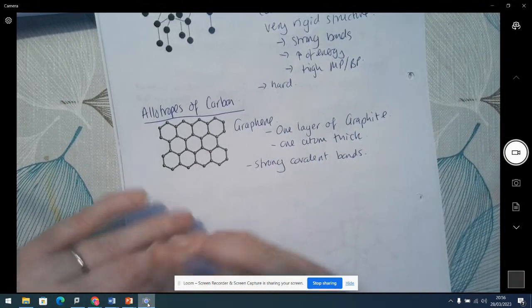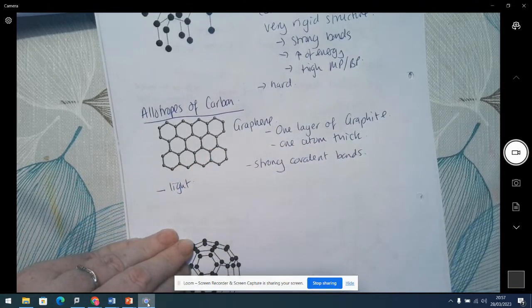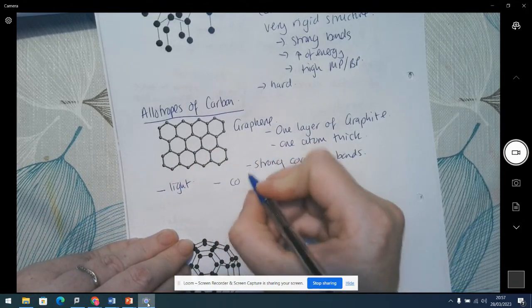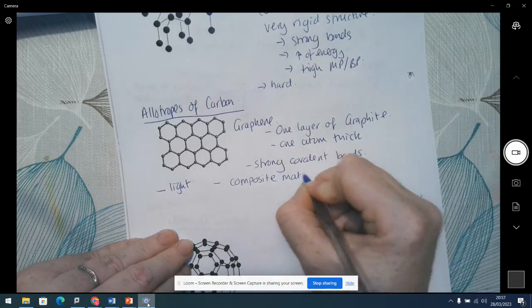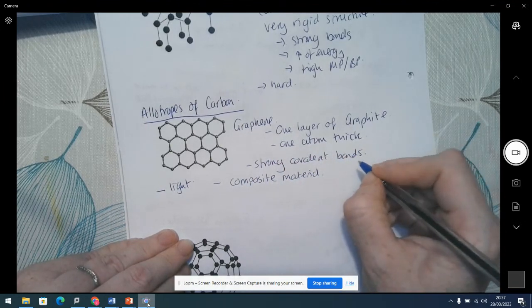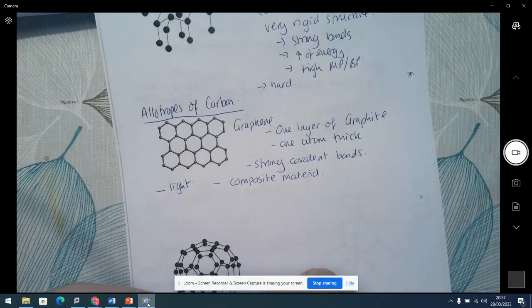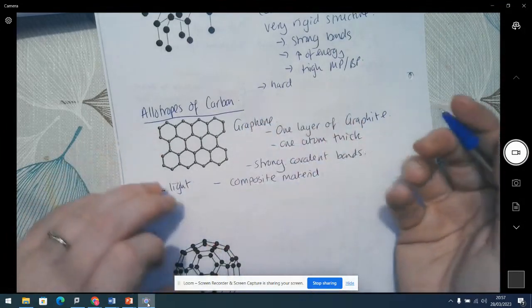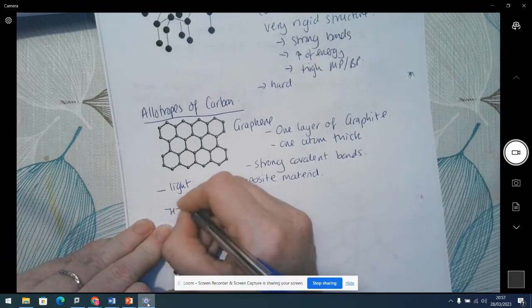Okay, but what makes this really unique is it's in fact very light because it's down to it being one layer. So it's often used as what we call a composite material. And we talk about composites in paper 2 too, but a composite material basically is used to improve the strength of other materials, for example. And as it's one layer of graphite, it has those 3 carbon bonds that we've talked about already.